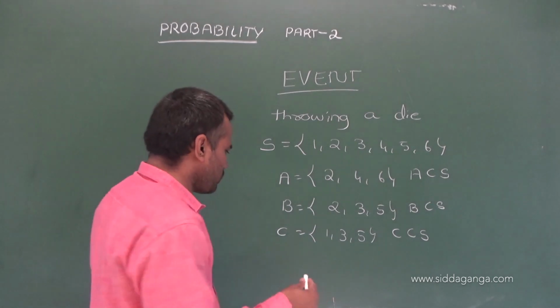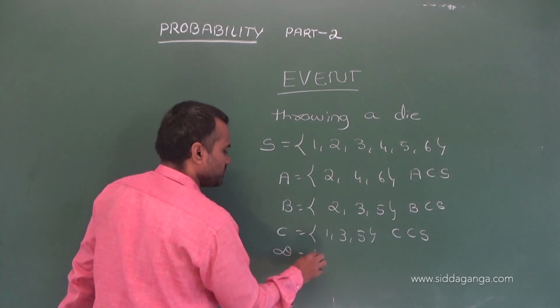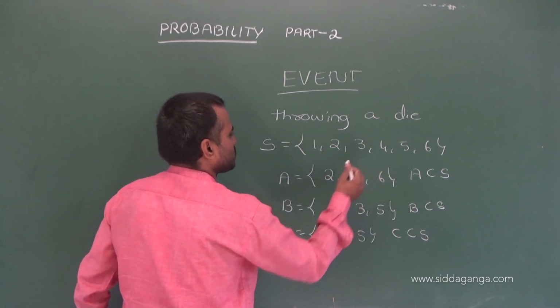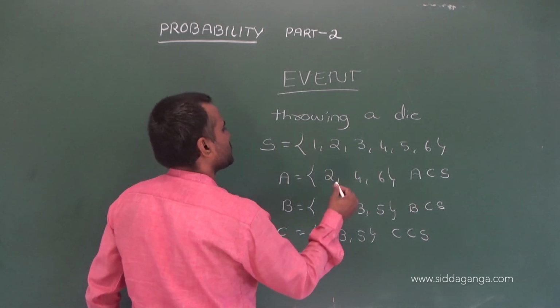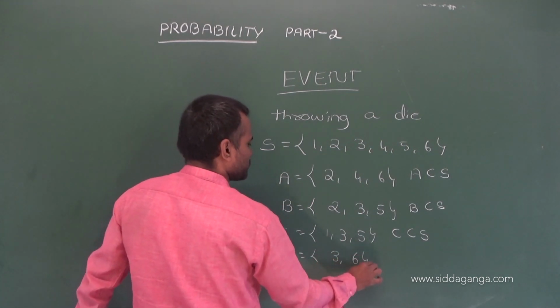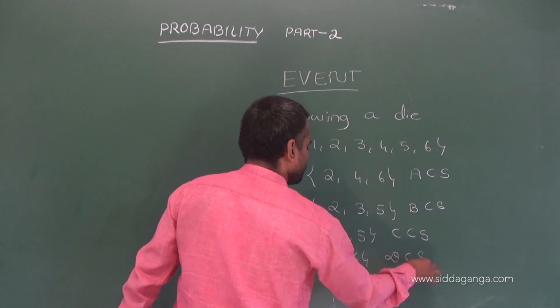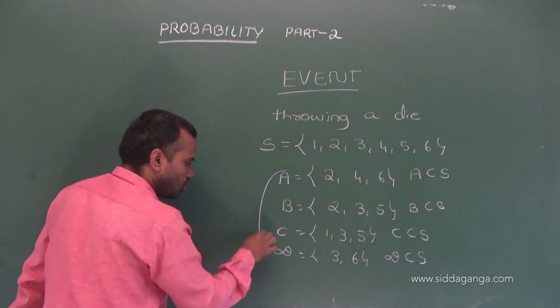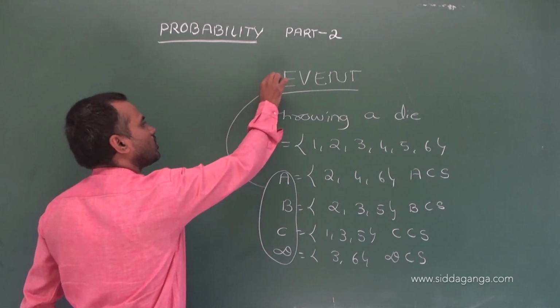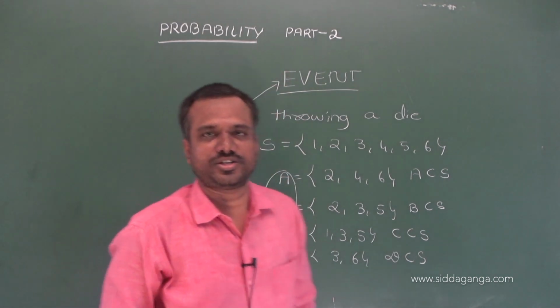If you want one more set, I write D, such that it is a divisor of 6 or else divisor of 9: 3, 6. So then all these sets are called events.